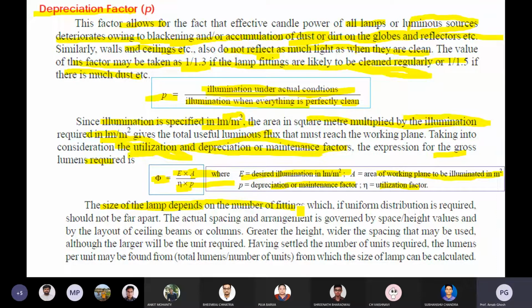So based on how many beams and columns there are, you can calculate. The greater the height, the wider the spread that may be used, and the larger the unit required. Having settled the number of units required, the lumens per unit may be found from the total lumens divided by the number of units, from which the size of lamps can be calculated.